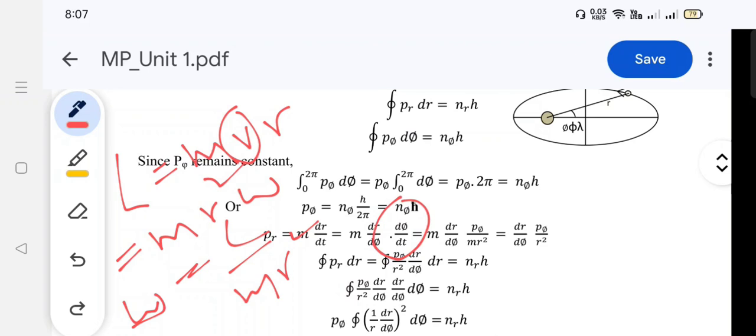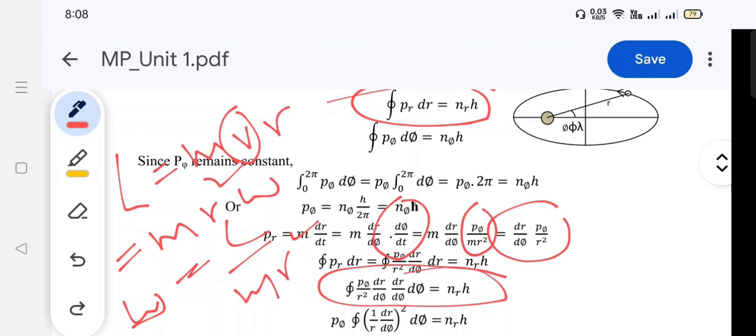So d phi by dt can be replaced by p phi by m r square. Now, on readjusting and cancelling the mass m in numerator and denominator, we remain with dr by d phi times p phi by r square. Now we substitute this in the first quantization equation. On substitution we get this equation.